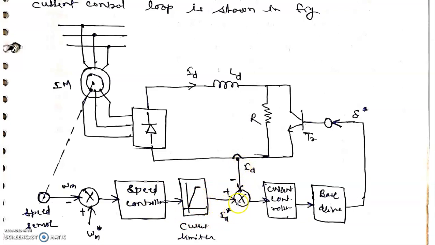The ID and IR dash are summed here, then the current controller loop generates the duty cycle delta, and according to the duty cycle delta, the speed can be readjusted. So this is the closed loop control for speed control of an induction motor using the static rotor resistance method.